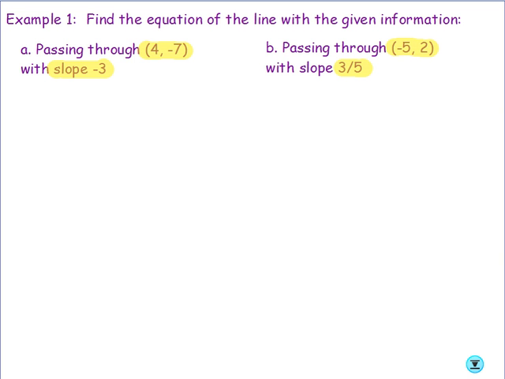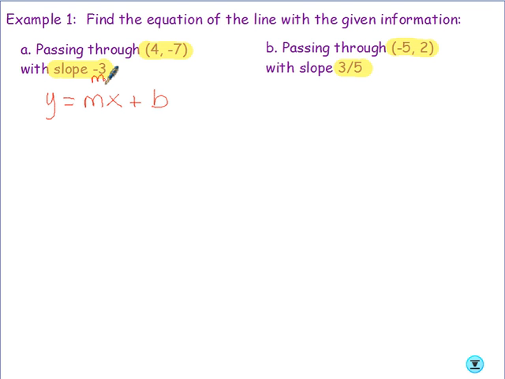So in example A, we're going to use y equals mx plus b to help us. We have three numbers that were given to us. We are going to plug those three numbers in the equation where they belong. We already know the slope is going to be your m, so I'm going to label that m.